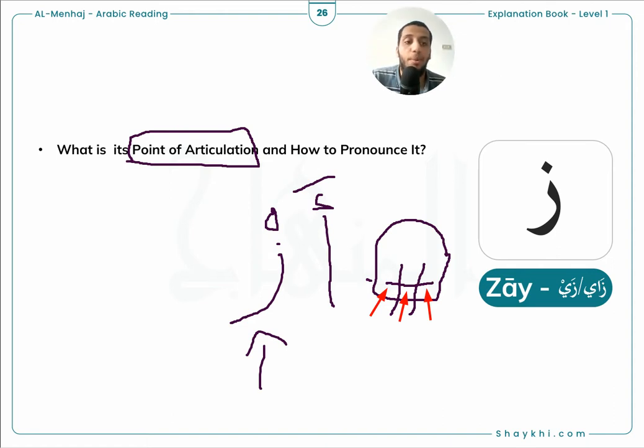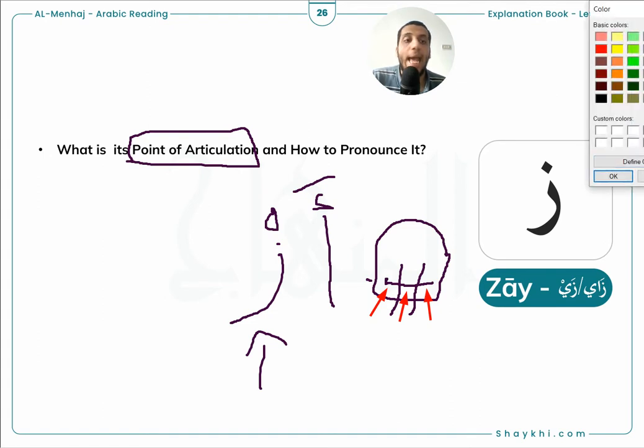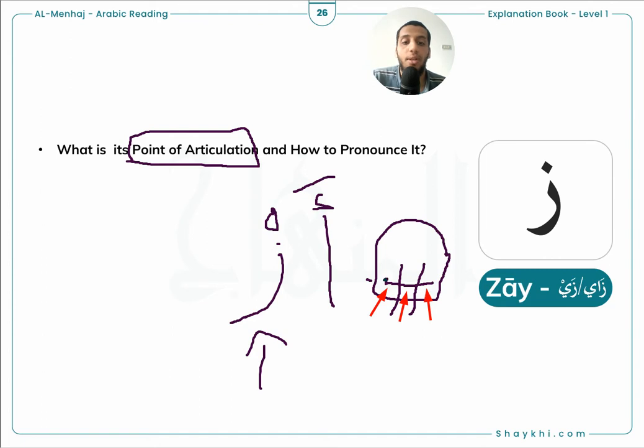So we will use the tip of the tongue, and the tip of the tongue will touch the edge of the front two lower incisors. This part. The edge of the front two lower incisors.